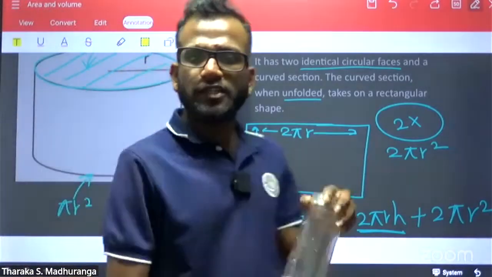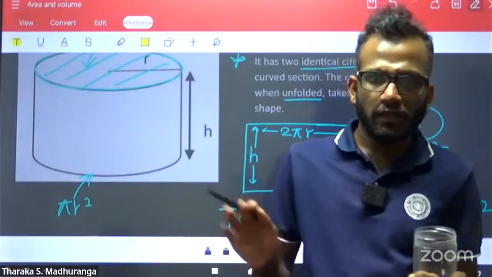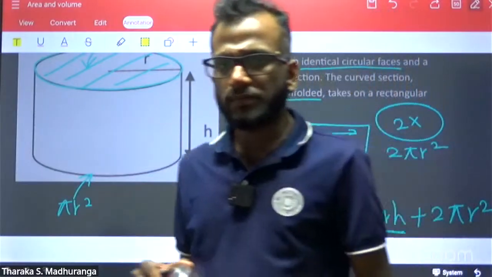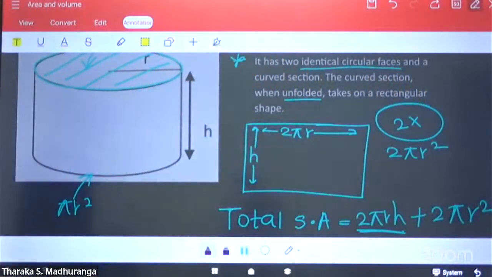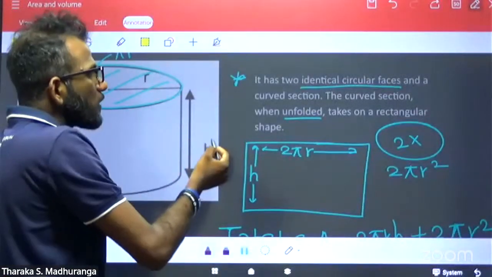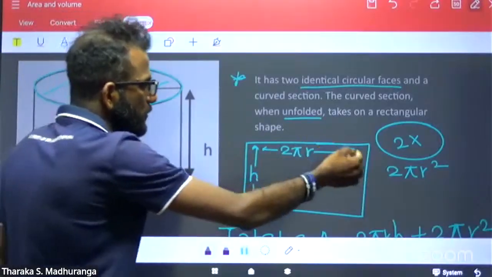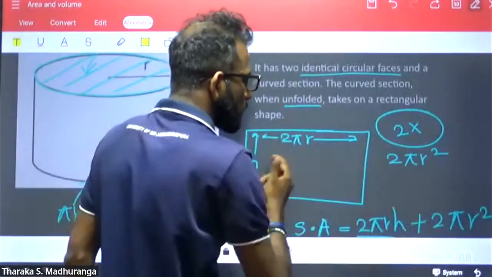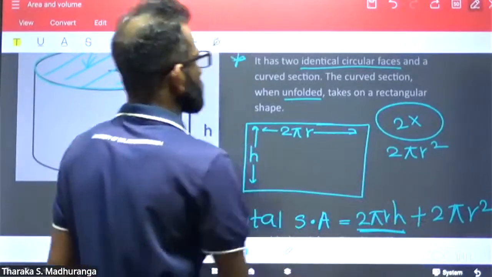Okay, this is my question. Quickly write down. Draw the cylinder. Then after that, you can draw this one, and write down the full surface area equation.